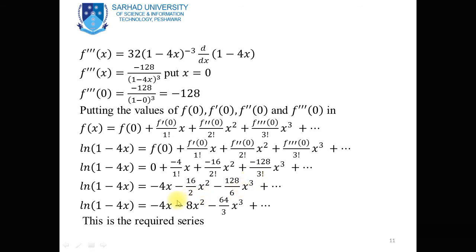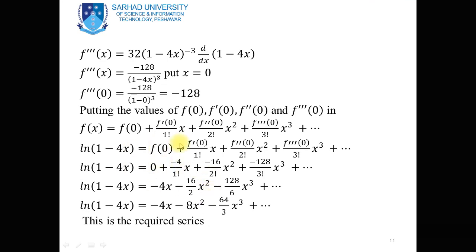So we obtain after simplification the Maclaurin series for the function log of 1 minus 4x is equal to minus 4x minus 8x square minus 64 divided by 3 x cube, plus and so on. So this is the required series for the given function log of 1 minus 4x.